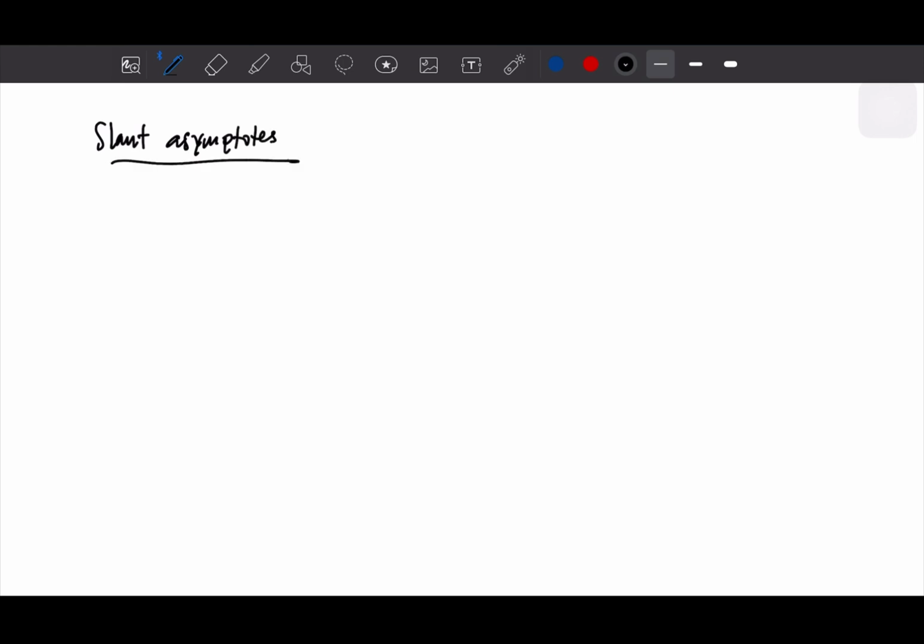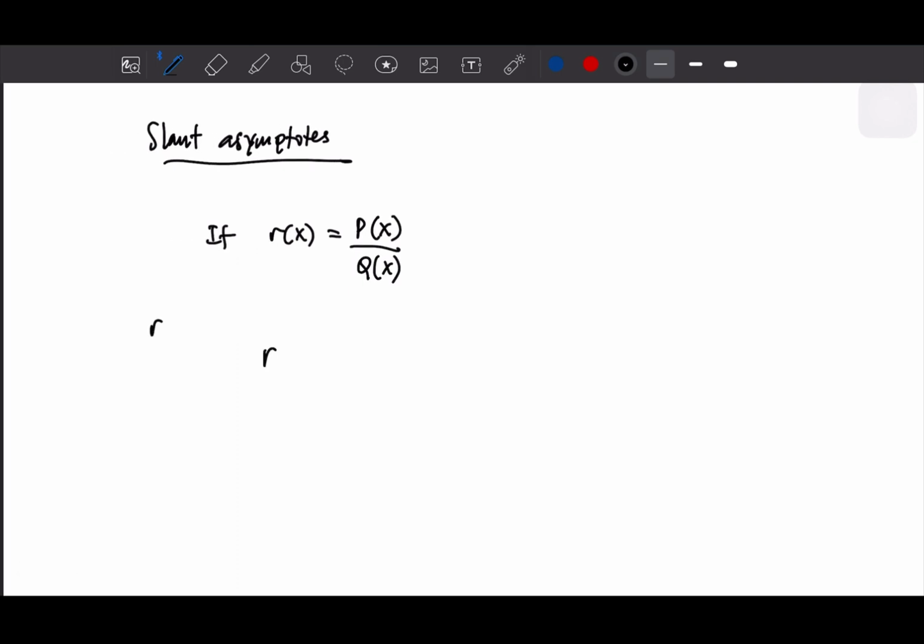So if R of x is P over Q like this, where both P and Q are polynomials, we could rewrite it like that.